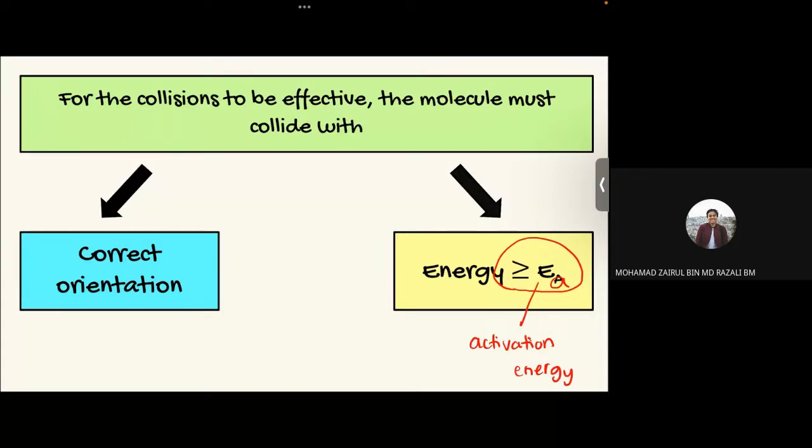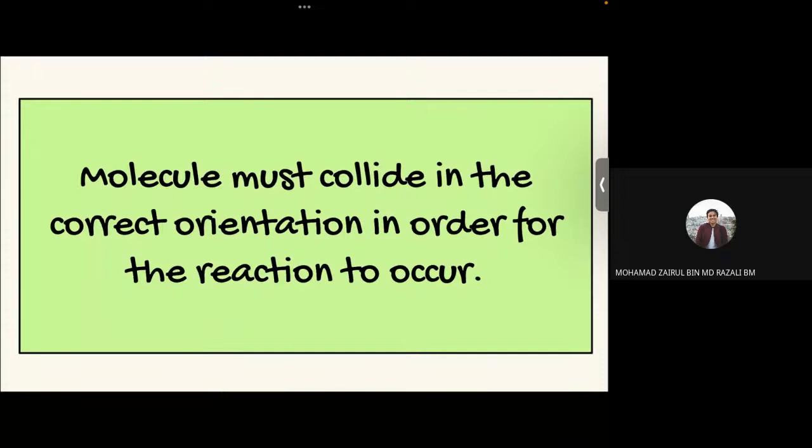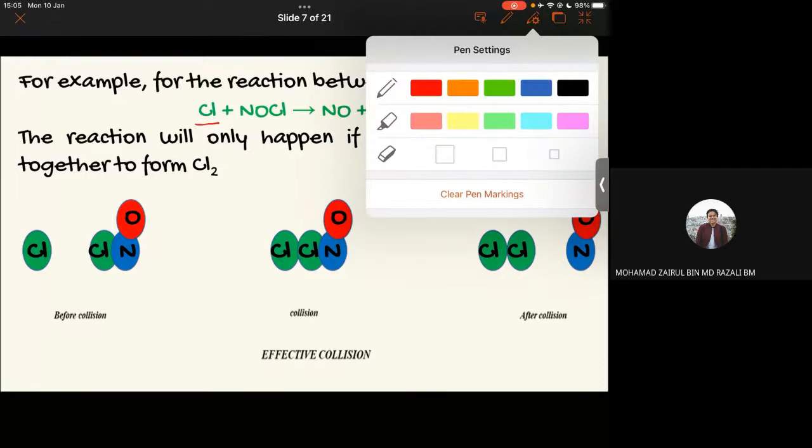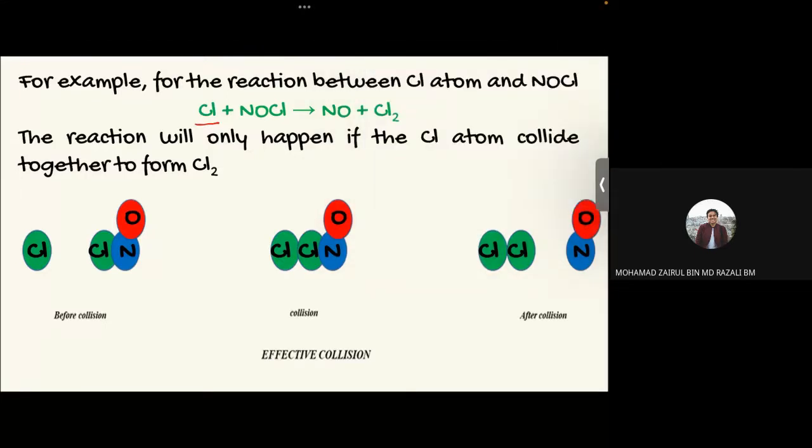Okay, kita tengok dulu correct orientation ni. So, molecules must collide in the correct orientation in order for the reaction to occur. So, contohnya, the reaction between chlorine atom and NOCl will produce NO and Cl2. So, in order for the NO and Cl2 to be formed, chlorine atom ini mesti react dengan chlorine dalam NOCl.